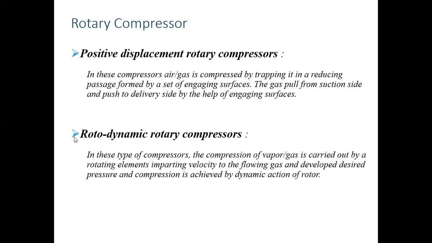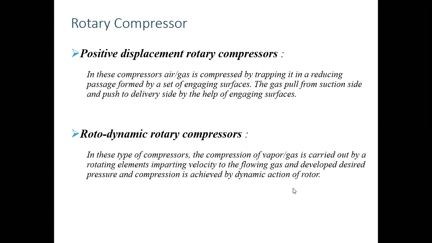These are compressors that we don't have to study in this unit. You might study this type of compressor in turbo machines in third year. In rotodynamic rotary compressors, the rotating element generally imparts a velocity to a flowing gas and develops the desired pressure, and compression is achieved by the dynamic action of a rotor.